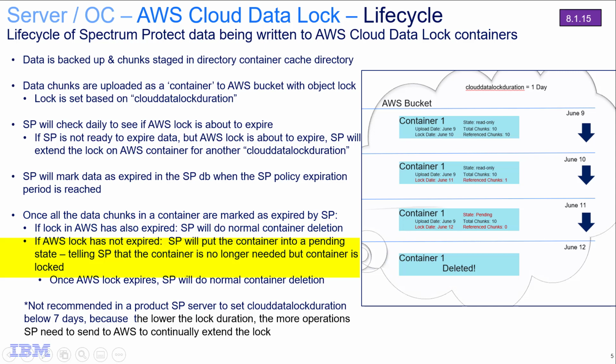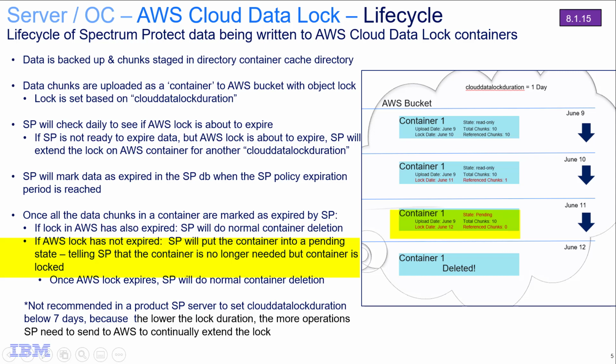If the AWS lock has not expired, then Spectrum Protect will put the container into a pending state, which tells Spectrum Protect that the container is no longer needed, but we can't delete it because of the lock.